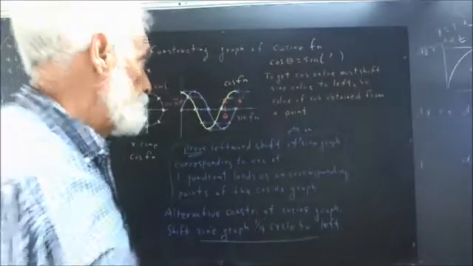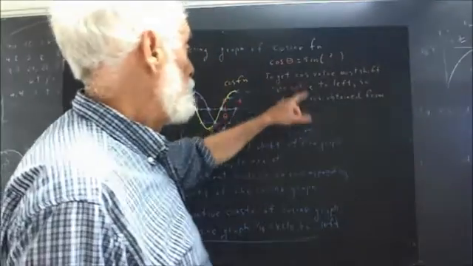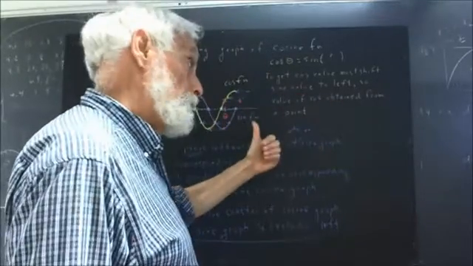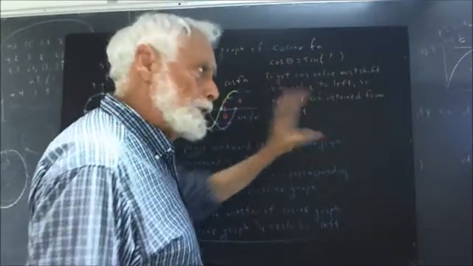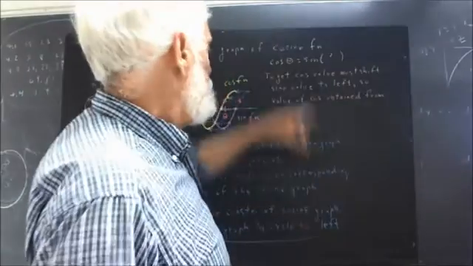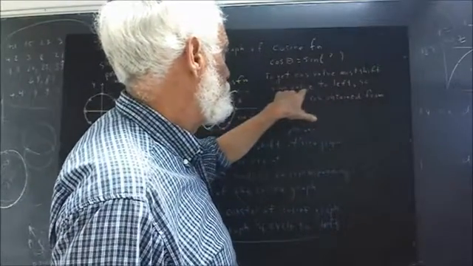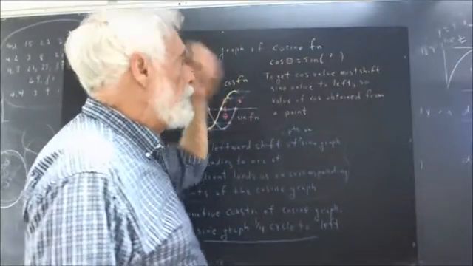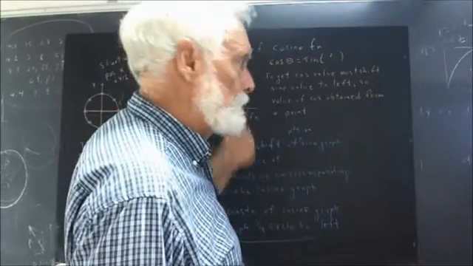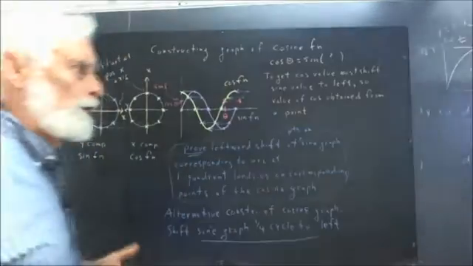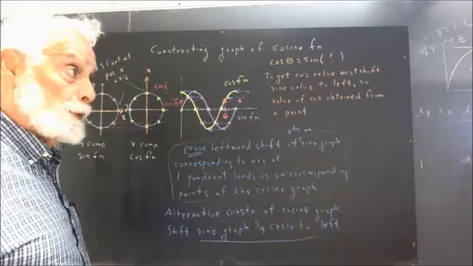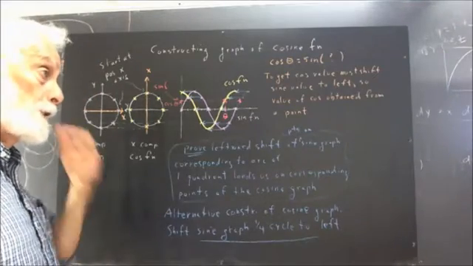Well, we can reason this out. To get the cosine value, you have to shift the sine value to the left, a quarter of a cycle to the left. And let's just get the left and right straight here. So the value of the cosine is obtained from a point on the sine graph. Where's that point going to be?